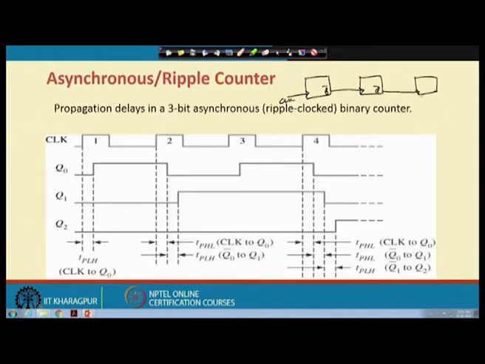At this time Q0 is making a transition from high to low, which means Q0 bar is making a transition from low to high, and that is sensed here. Similarly, at this point Q1 makes a transition from high to low, so Q1 bar makes a transition from low to high, and that is sensed by the third flip flop at this point. That way we can have this connection of this 3-bit counter to get this rippling effect.